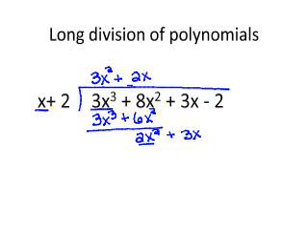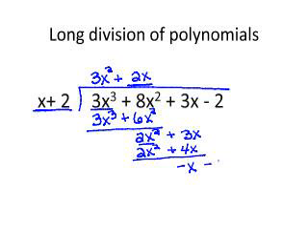Now we're just taking this 2x and multiplying it by our divisor. So 2x times x is 2x squared, and then 2x times 2 is 4x, and then we subtract. 2x squared minus 2x squared is 0. 3x minus 4x is negative x.